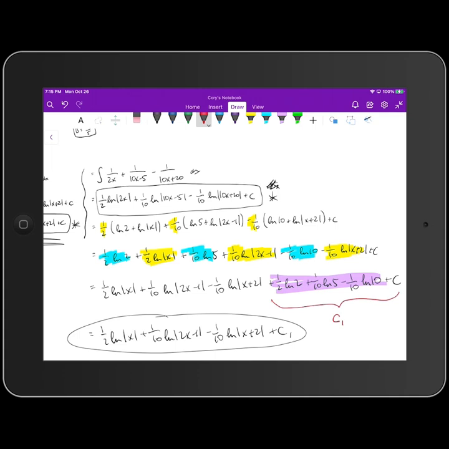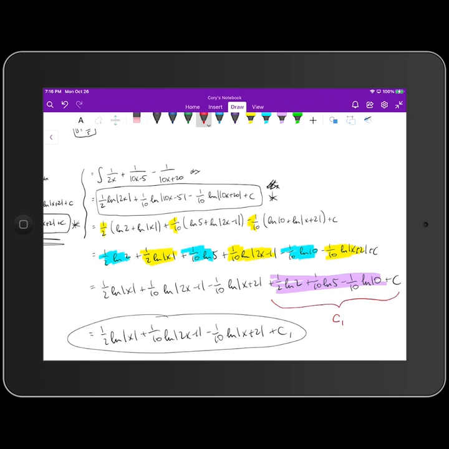I can separate that into the natural log of the absolute value of the numeric factor 2. The absolute value of 2 is 2, so I can rewrite that as the natural log of 2 plus the natural log of the absolute value of x. Again, if I'm multiplying in the argument, I can separate that into two logs by adding those two log expressions. I can do the same thing for the middle log.